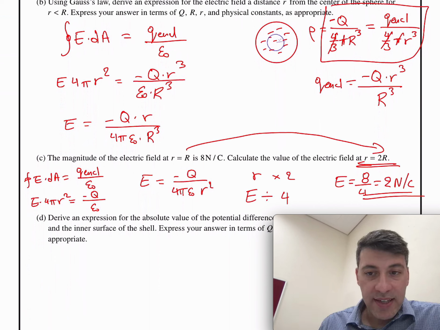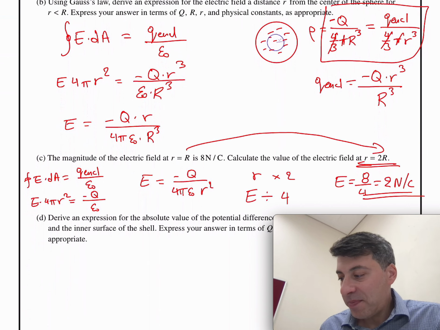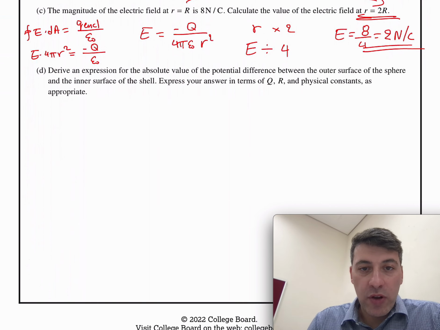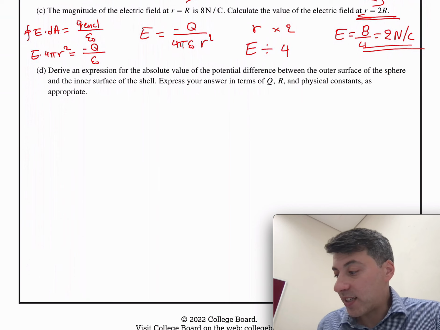And after this, we can move on to part D, where we need to find an expression for the potential difference between the outer surface of the sphere and the inner surface of the cell, and we need to express these values in Q and R and physical constants.